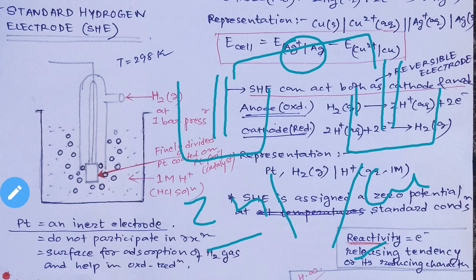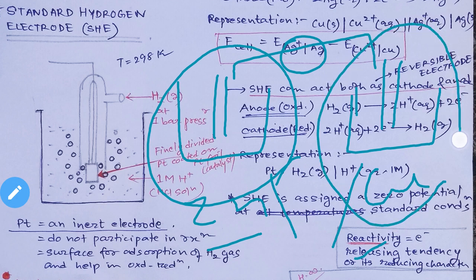Now say we only want to find out the electrode potential of this half cell. Okay, or say we want to find out the electrode potential of this half cell. Then how do we find it? That means what I am trying to explain is that the change in potential difference we can find out very easily by connecting the two half cells.